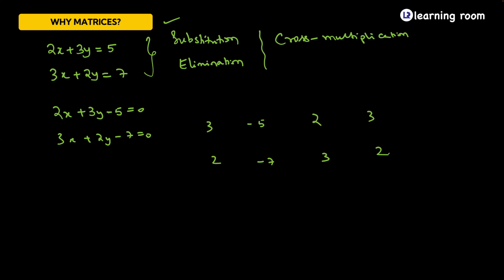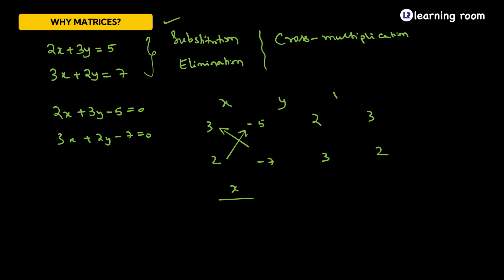So you will start with the middle number. You write in this order and come back to the same middle number. Right? Here you will put x, y, and you put 1 here. Right? So it will be x divided by, what is the next step? You will cross multiply them and subtract. So when you do the cross multiplication, you do it from left to right.